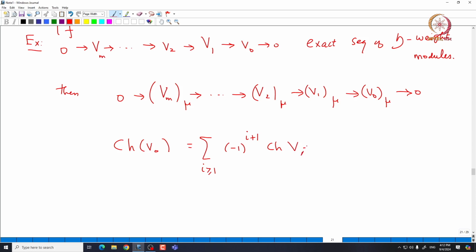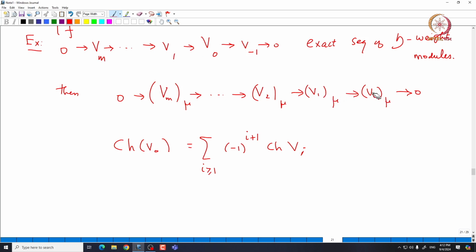Maybe it is good to start with V minus 1, then it becomes exactly what we had before. So this is minus 1, this is 0, this is 1, and then all the way to length m.